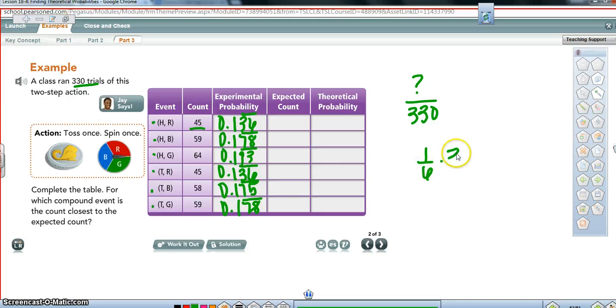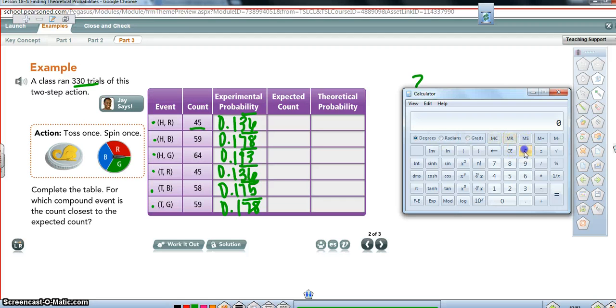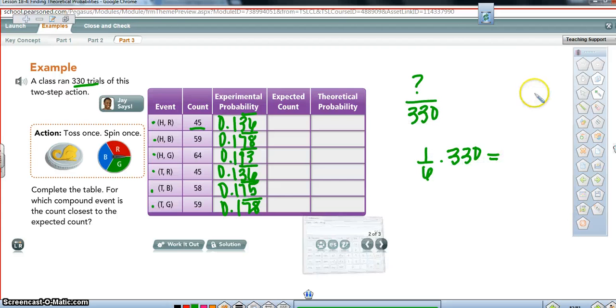A 6th of 330 would be 330 divided by 6. We would expect to get each of these events 55 times, because they all have equally likely chances.